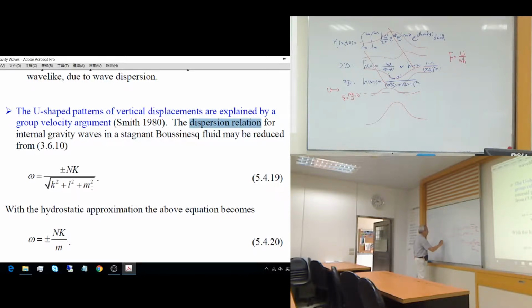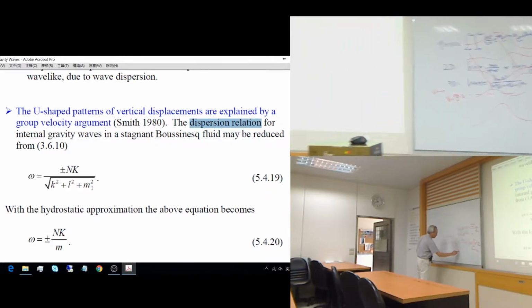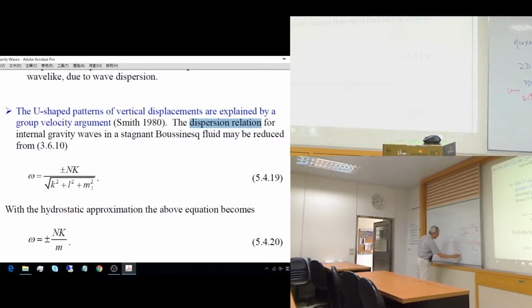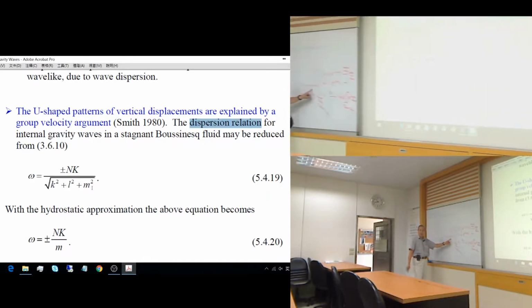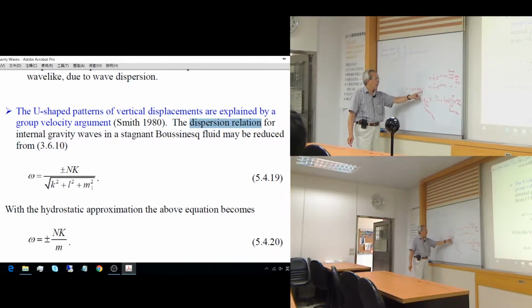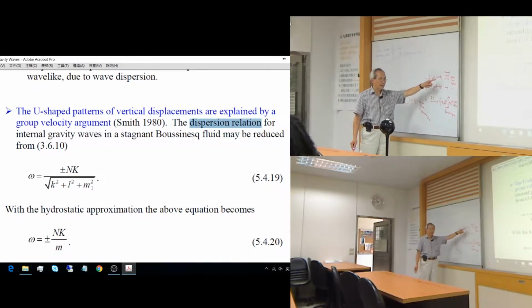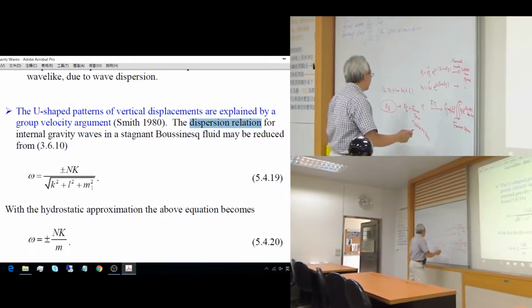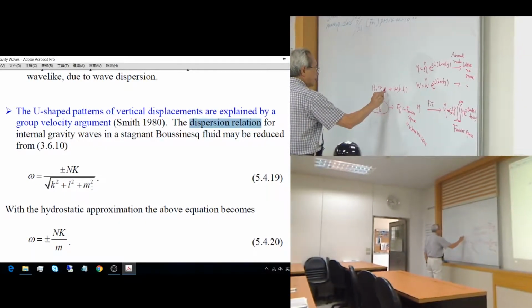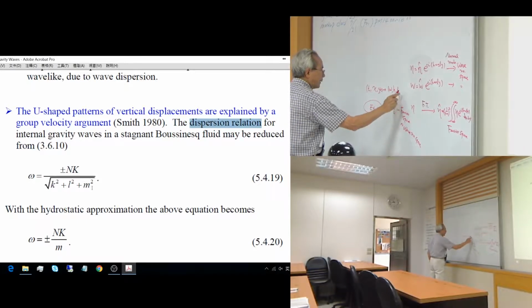Now if you transform your equation into the equation in Fourier space, or wave number space, then here you only have omega, k, l, and sometimes you even have m.